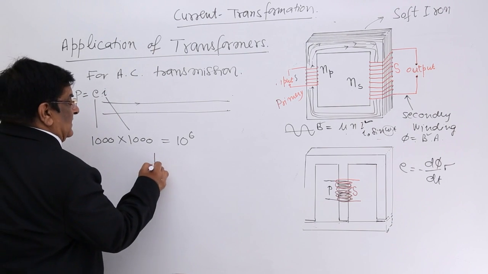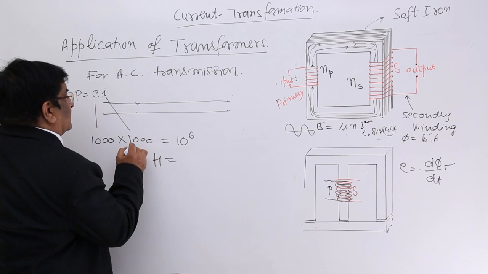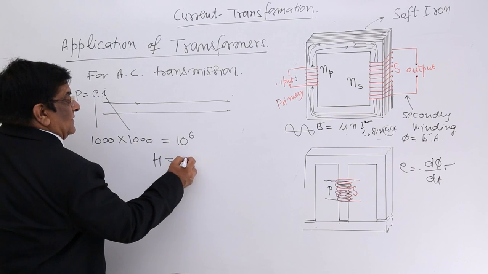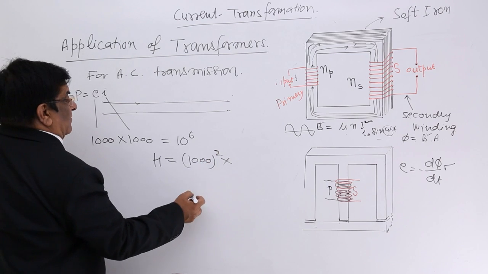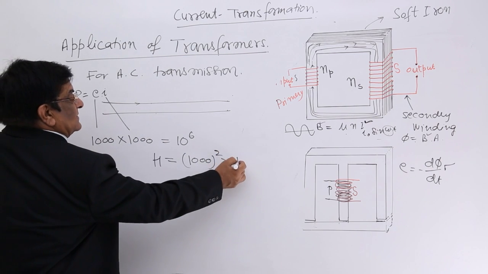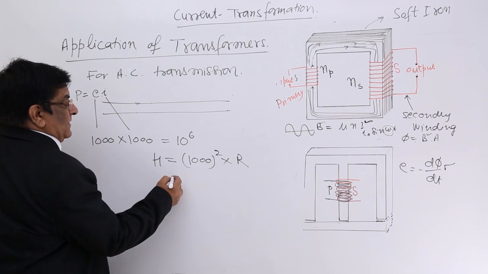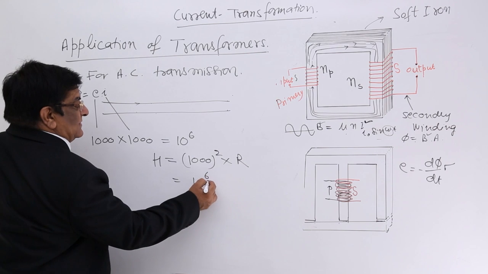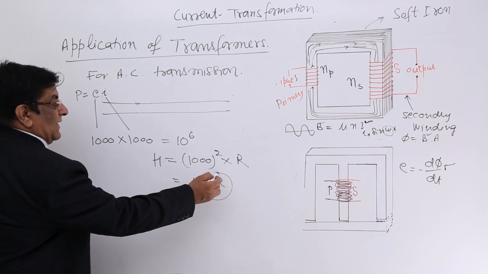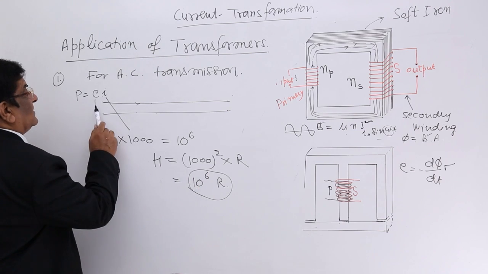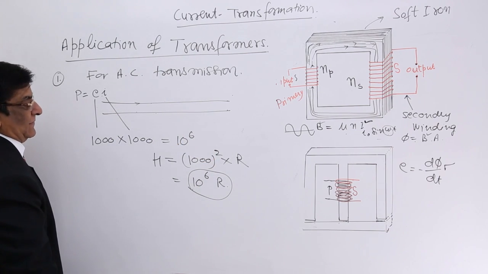Now how much is the heat produced? Heat produced is I², that is 1000 squared multiplied by whatever is the resistance R. This is 10 to the power 6 R, and this is my loss. After this loss, this power reaches here.